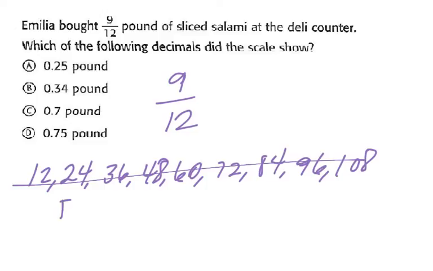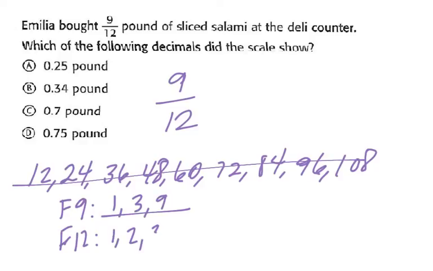Let's think of the factors of 9 and the factors of 12, so we can see what the greatest common factor is that we can divide both of them by. Factors of 9, 1, 3, and 9. Factors of 12, 1, 2, 3, 4, 6, 12. Okay, what's the greatest common factor they share?